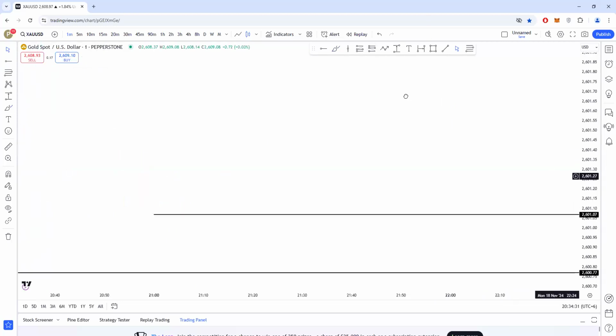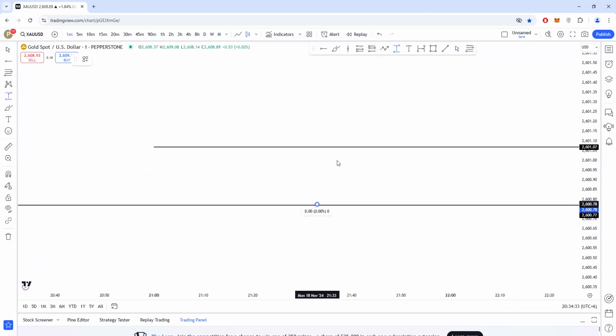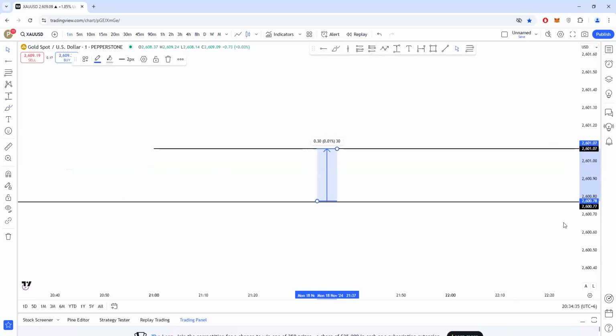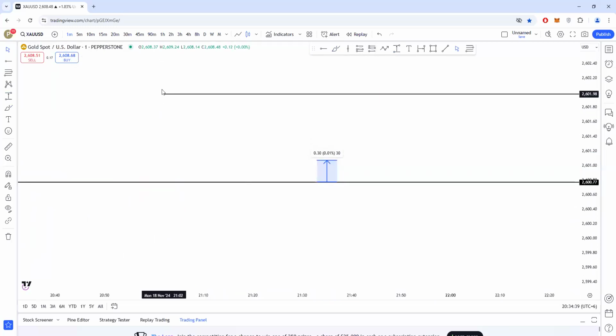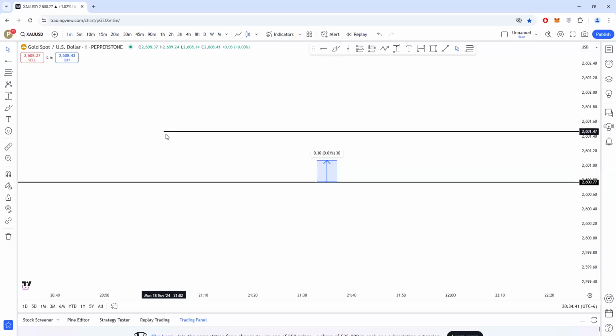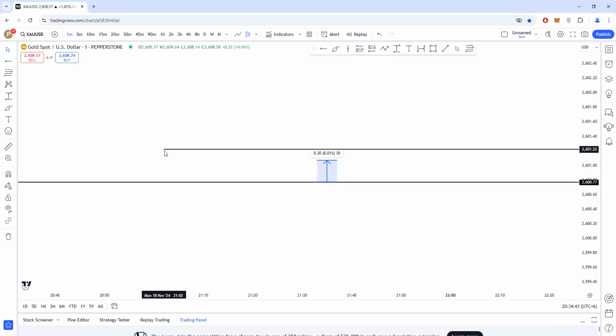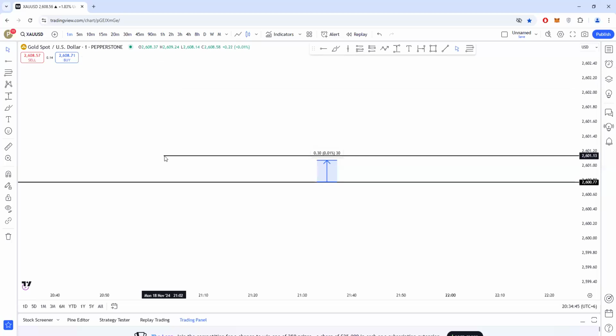Sorry, I made a mistake. Where is 2610? Am I drawing right or am I doing wrong?